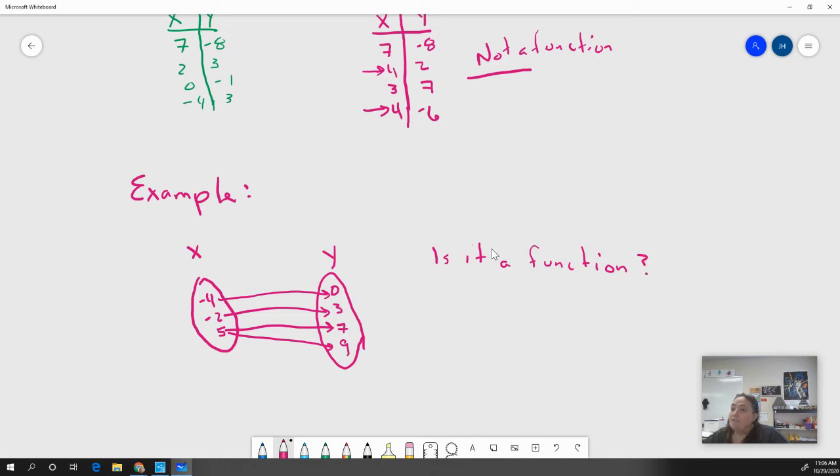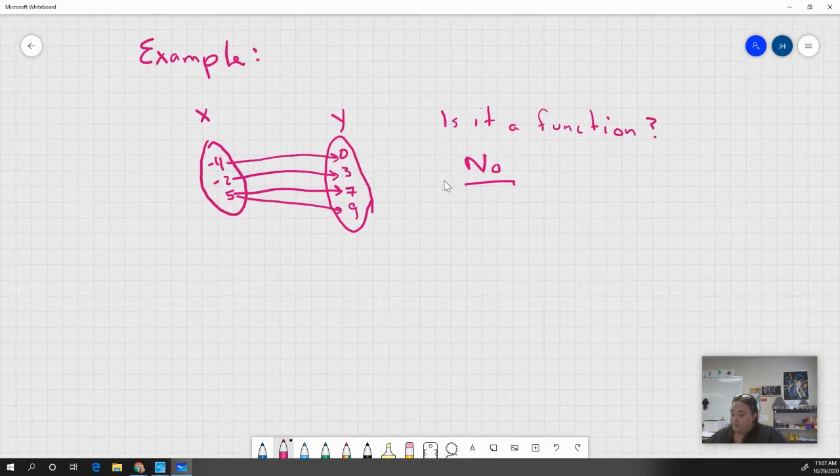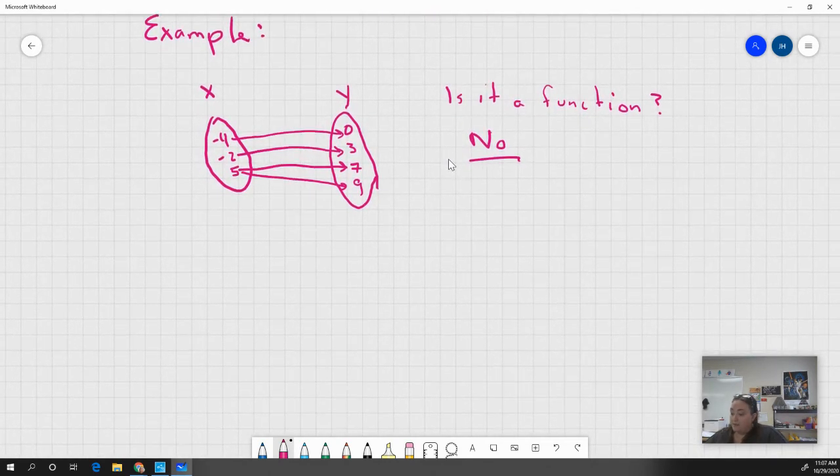And the answer in this one would be no. And the reason is, remember we said all of our x values can only pair with one y value, right? So simply because this 5 goes to 2 separate numbers, it is not a function. Let's look at another example.